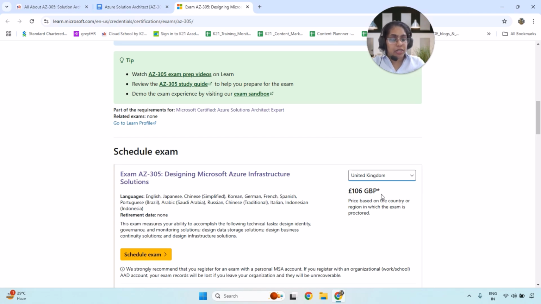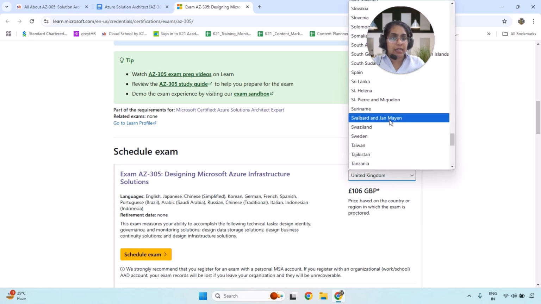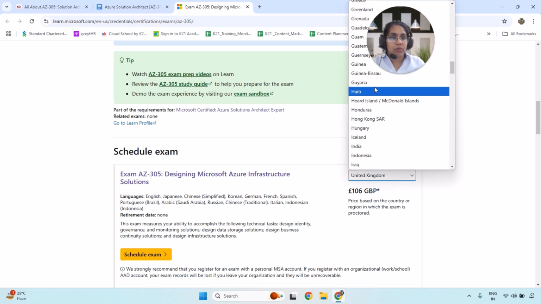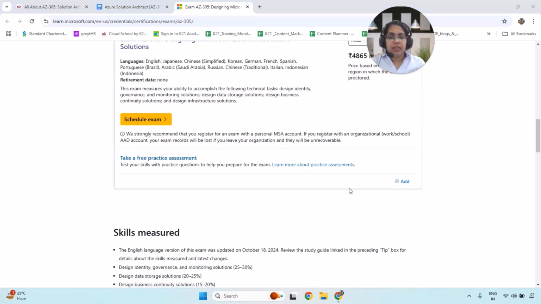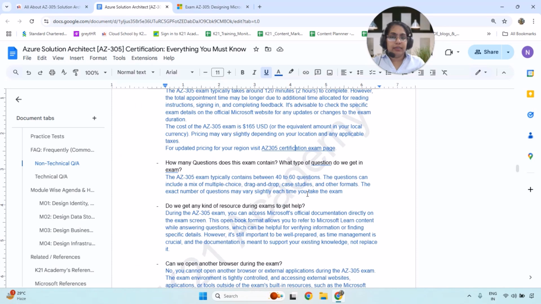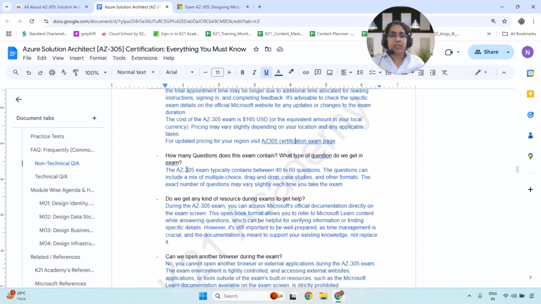I hope this much is clear, and let me come back. The next question is, how many questions does this exam contain, and what type of questions do we get? Microsoft doesn't provide a fixed number of questions for the certifications. Rather, they give us a range: you can expect anywhere between 40 to 60 questions.